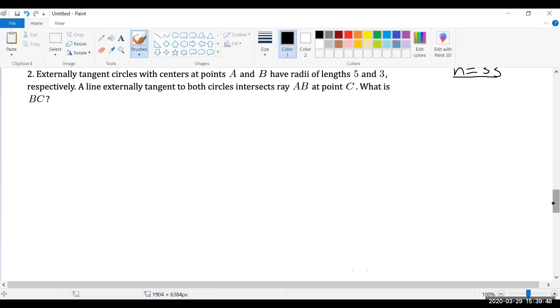So let's go through a few keywords here. Externally tangent circles means that these circles intersect each other once. Okay.